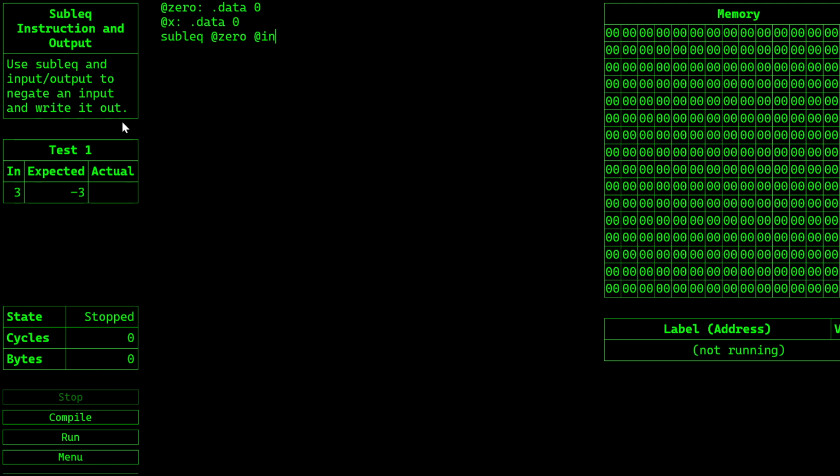So what we can do then is... Actually, I don't... I don't know what I'm using x for, I guess. Subleq of @0 from @in. And now we've taken input, subtracted it from 0, and stored the result in 0. Wait a minute.